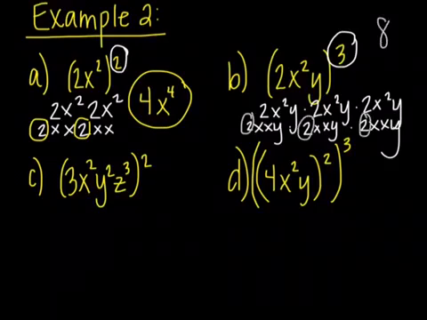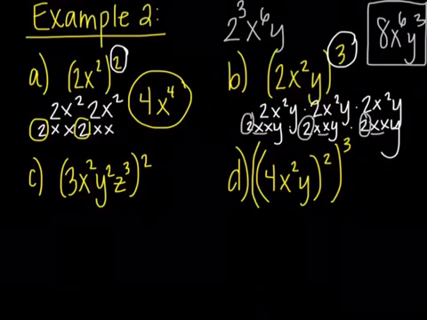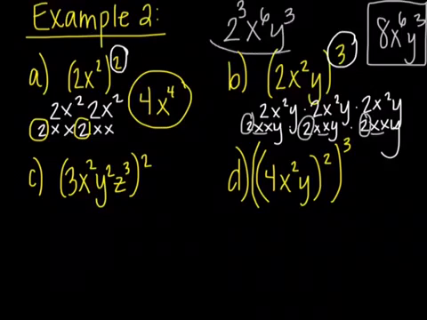I see that I have 2 x's in each expression, so 2, 4, 6. So my base is x, my power is 6. Then I see that I have 3 y's, so base of y, power of 3, and this would be my simplified answer. I would also accept 2 raised to the third power, x to the 6th, y to the 3rd. These mean the same thing.